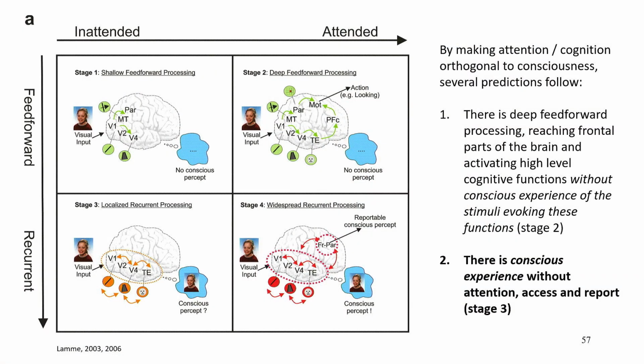Some have argued that theorizing about the possibility of conscious experience without attention, access and report, as recurrent processing theory does, of course, is scientifically unverifiable. Because how will it ever be possible to know that someone, or even yourself, has a conscious experience when he's not allowed or not possible to attend to the experience and then hence access it, have cognitive reflections on it, and ultimately report it?